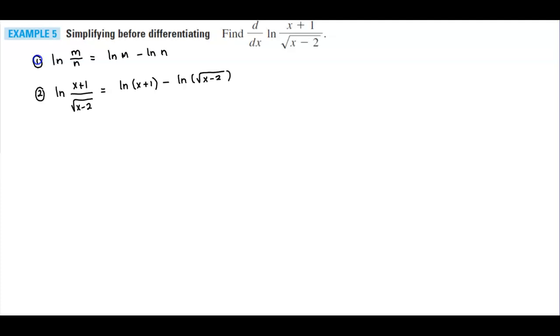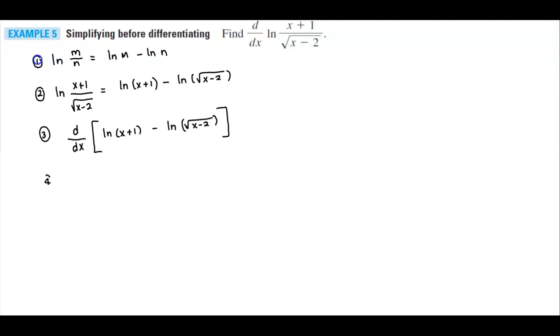Now what we want to do is find the derivative of this function. So we want to find the derivative with respect to x of this logarithmic function, which is the natural log of (x + 1) minus the natural log of the square root of (x - 2).